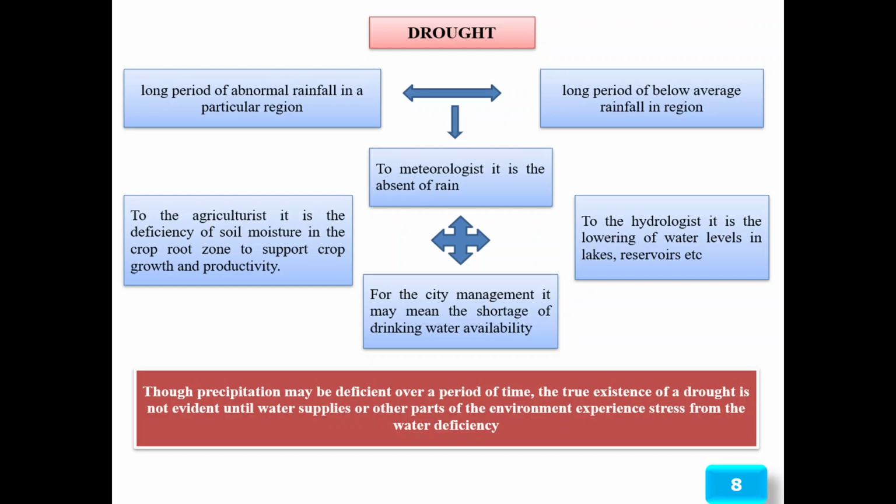This flowchart shows the drought very clearly. What is the definition in a particular region? Precipitation may be deficient over a period of time. The true extent of a drought is not evident until water supplies or other parts of the environment experience stress from the water deficiency.